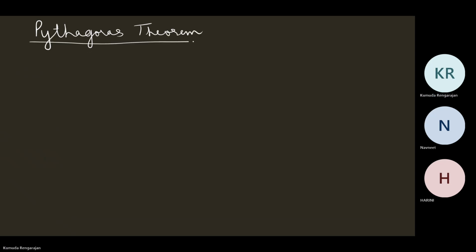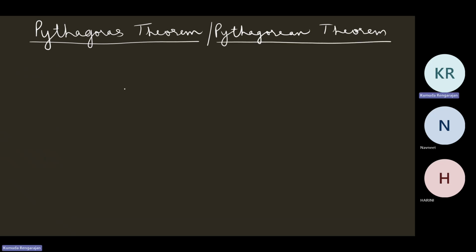It's called the Pythagoras theorem, or also the Pythagorean theorem. This is a very important property seen in a right triangle.